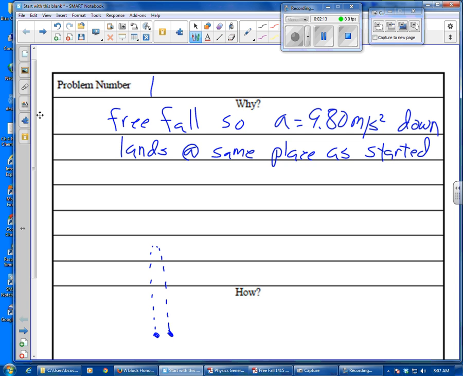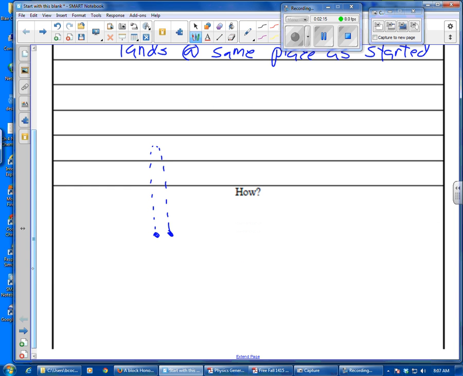There are some little things to realize. We'd have an acceleration down. What's it doing on the way up? Is it speeding up, staying at a constant speed, or slowing down? Slowing down. What's it doing on the way down?